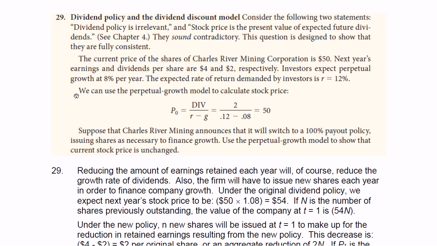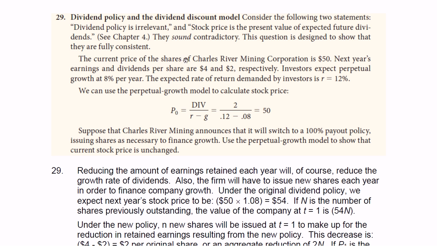29. Dividend policy and the dividend discount model. Consider the following 2 statements. Dividend policy is irrelevant, and stock price is the present value of the expected future dividends. They sound contradictory, right? This question is designed to show that they are fully consistent.